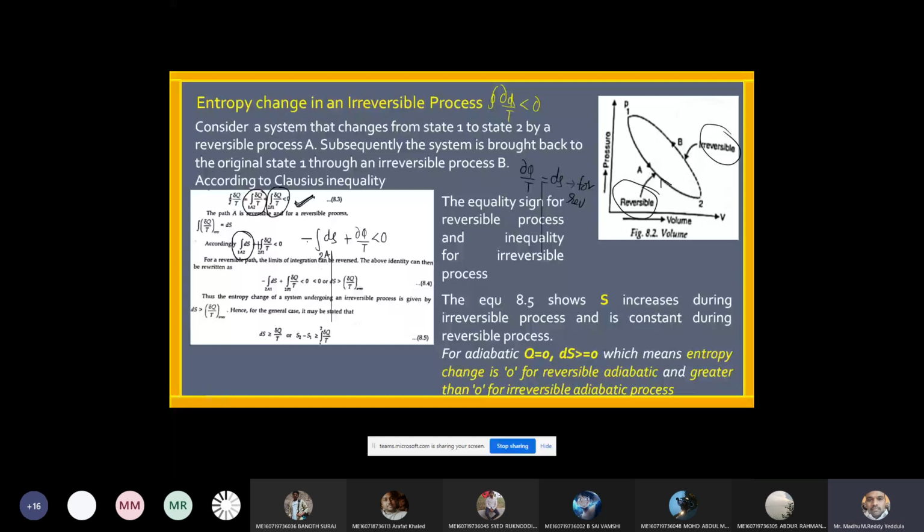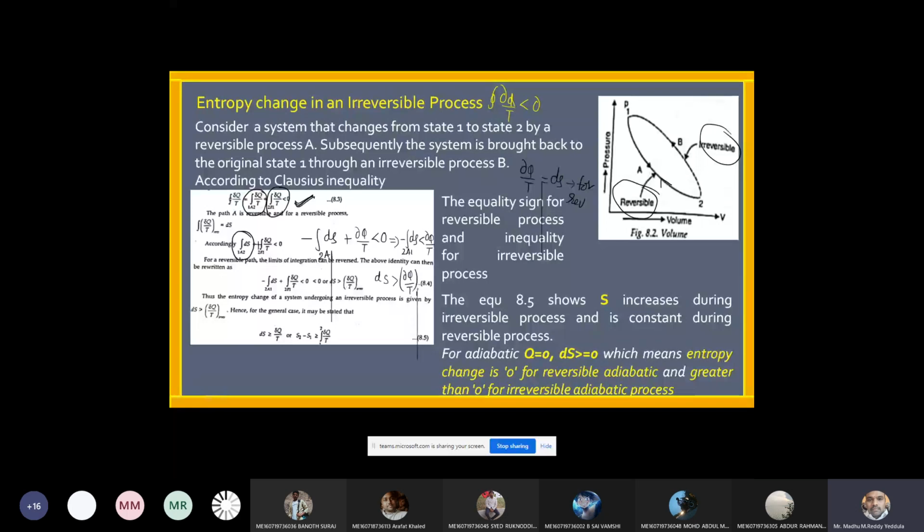So minus ds 2 to 1 via A is less than dou q by t. If I multiply with the negative sign, this less than symbol will become greater than. Therefore, ds is greater than dou q by t.